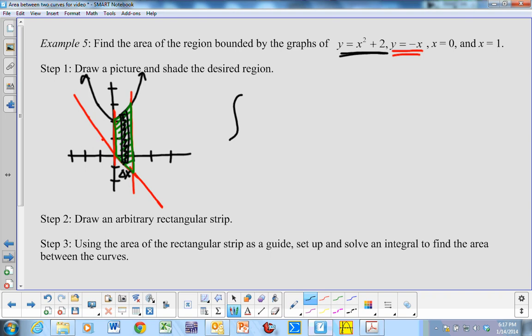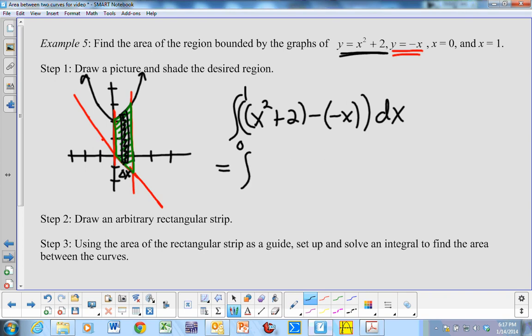So if the width is x, the region goes from clearly 0 to 1, because I had vertical lines there that bounded it. And then I'm going to take the top function, which is x squared plus 2, minus the bottom function, which is minus x. And then since it's delta x, that becomes dx. And then there's my variable.